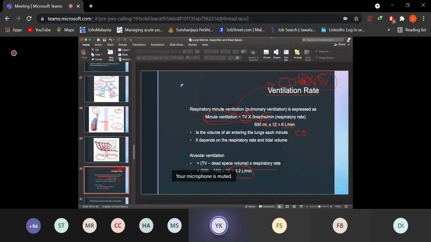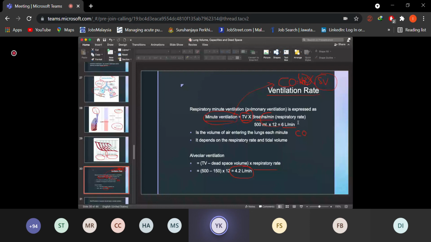Minute ventilation is equivalent to tidal volume times breaths per minute. Tidal volume is similar to stroke volume in the cardiac, and breaths per minute is similar to beats per minute. One is the respiratory rate, while the other is your heartbeat. So that will be your ventilation rate.